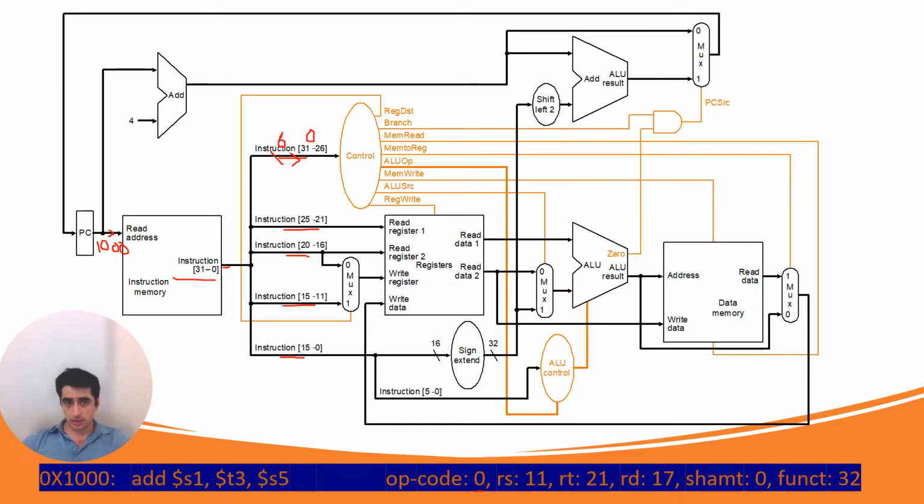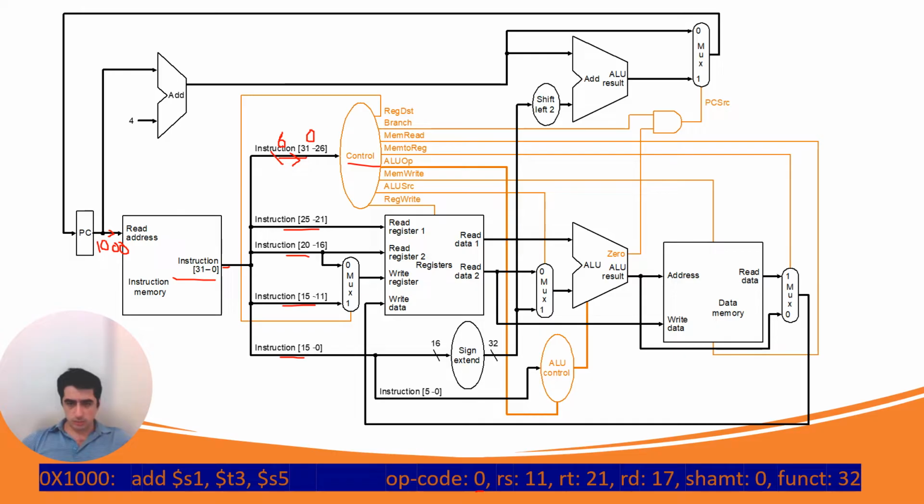Remember, this 0 is going to be given to the controller of the whole CPU, and the CPU controller is going to set these orange wires, which I call the control wires, or the control signals of the CPU, with proper values. I'll tell you the value of each one of them.